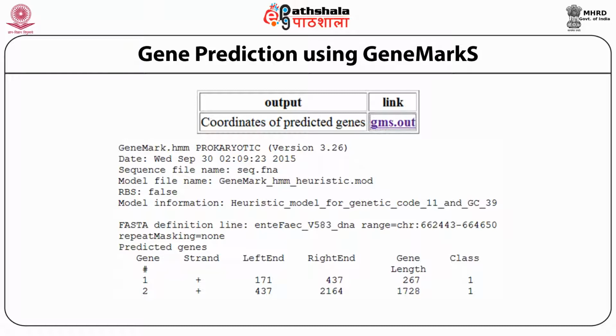at position 437. This prediction for two genes appears to be correct because the predicted gene length of 267 nucleotides will give an 88 amino acid HPR protein, and the predicted gene length of 1728 nucleotides will give a 575 amino acid enzyme 1 protein, as it is already known in other species.